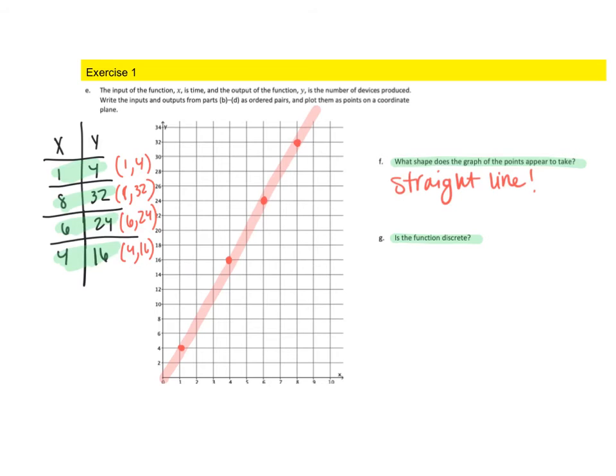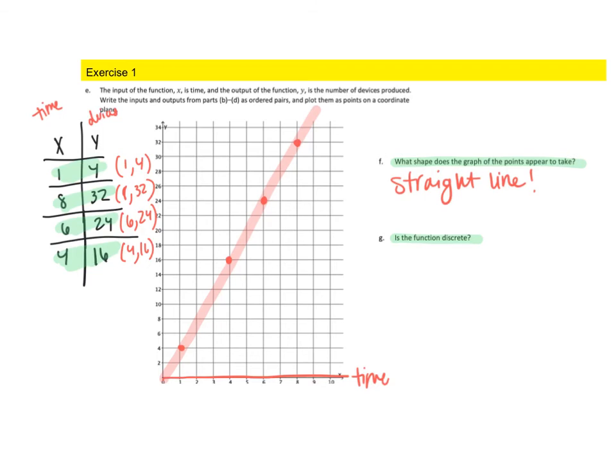The last thing we're asked to do here is determine if this was a discrete function. So remember that this function is about time and devices produced. So for our x value, which is time, could these be in partial increments? Could they be in decimals or fractions? Could you go 1.5 hours?